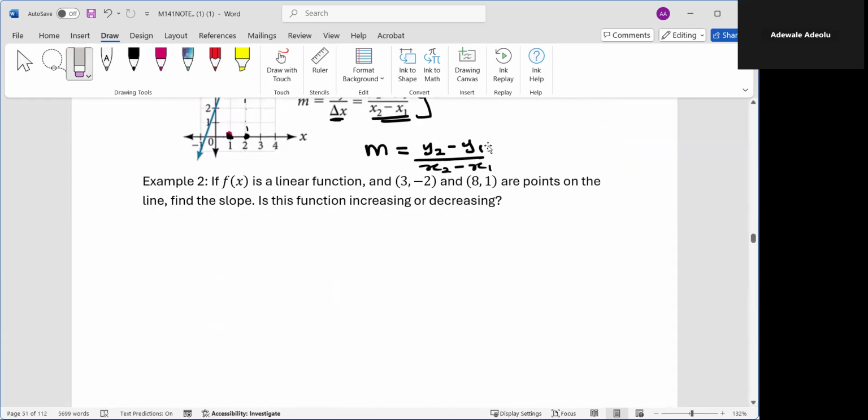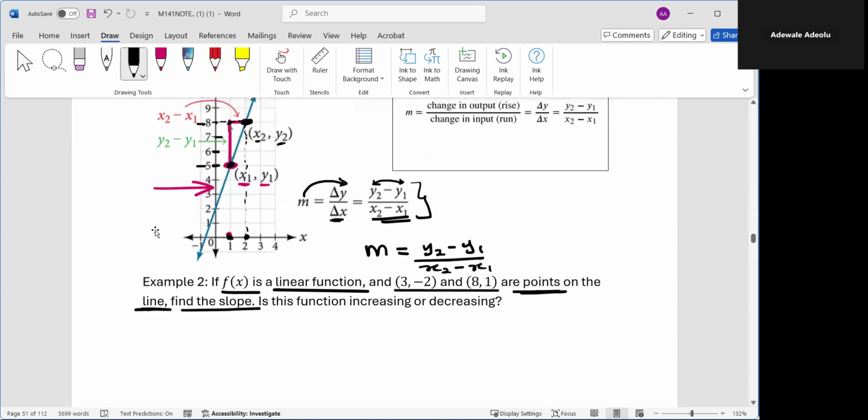Okay, let us take an example. If f of x is a linear function, it has to be a linear function for you to use that formula, and 3, -2 and 8, 1 are points on the line. Find the slope. Let us go back to my illustration here.